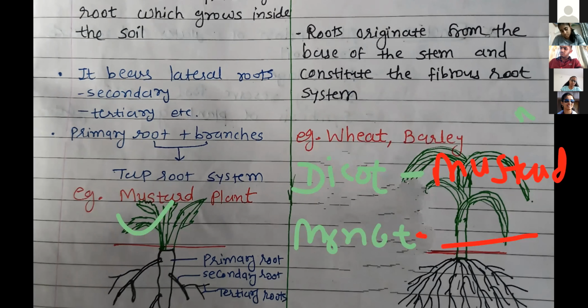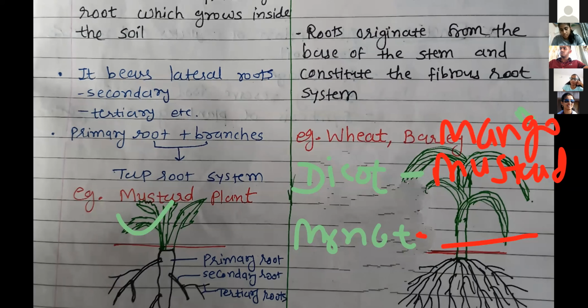One or two more examples of dicots we have learned in chapter number 1, if you remember, in that table, the entire classification. Mango, Anacardiaceae, Sapindales, Mangifera indica, right? So mango is one more example of a dicot.